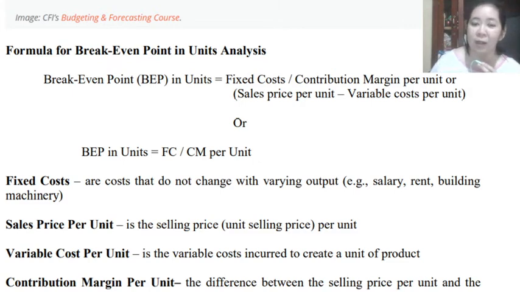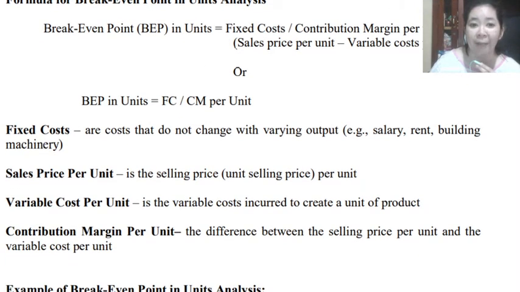Meaning, if there is no production, no variable cost will be incurred. But if there is production, then there is variable cost that will be incurred. While the contribution margin per unit, on the other hand, is the difference between your selling price per unit and your variable cost per unit.